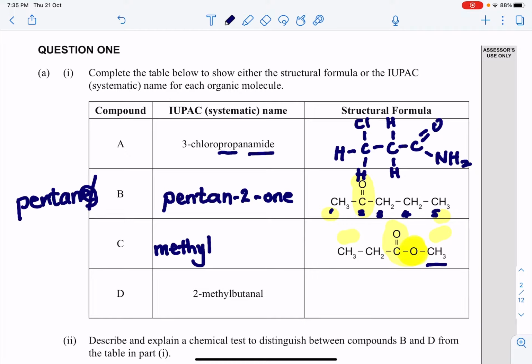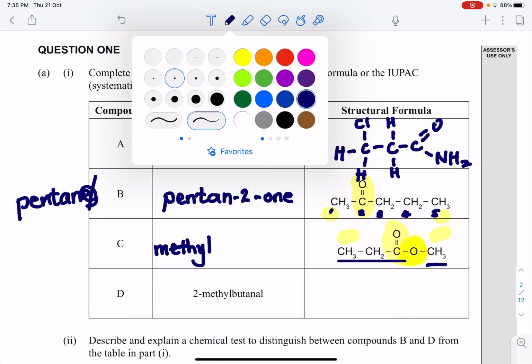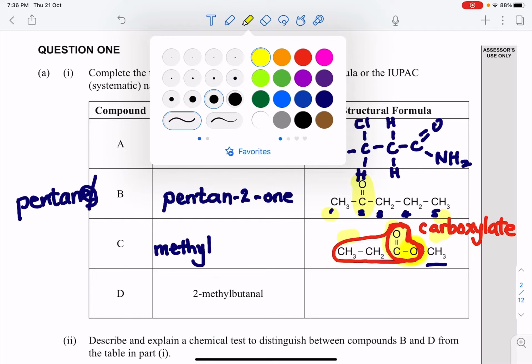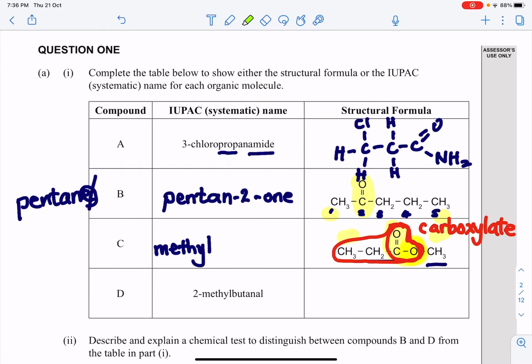Then to give the second part, we are now looking at this group right here, which consists of the C double bond O and single bond O. This is also known as carboxylate, which is the name for the functional group. The reason I am highlighting this is because I would like you to look at the letters O and ATE.